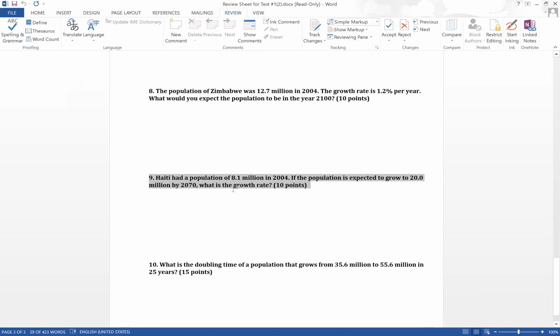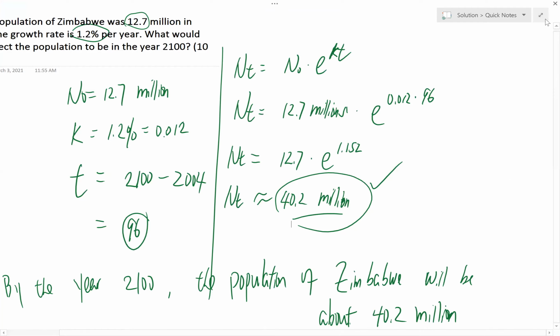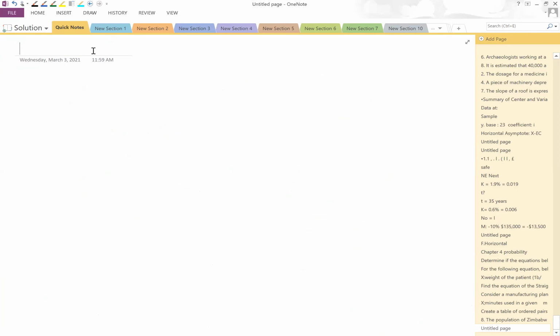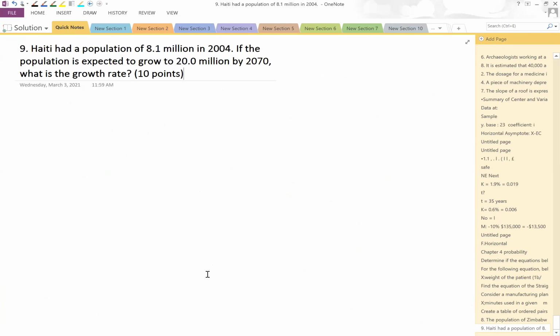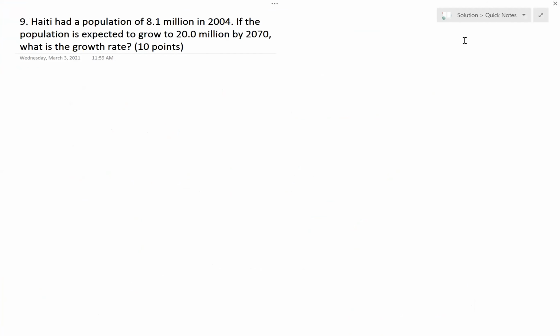We have this: Haiti has a population of 8.1 million in 2004. The population is expected to grow to 20.0 million by 2070. And what is the growth rate? Again, we have some given conditions.